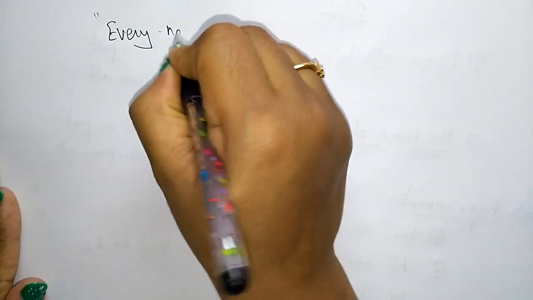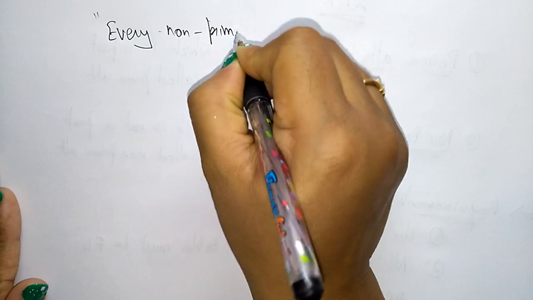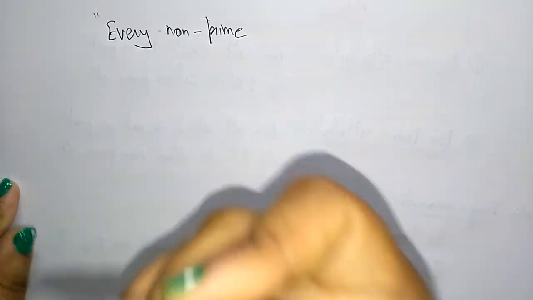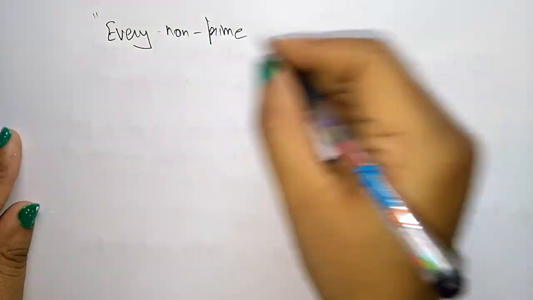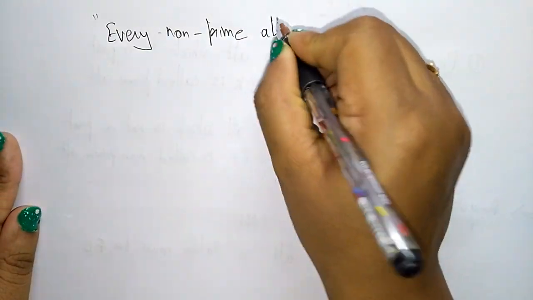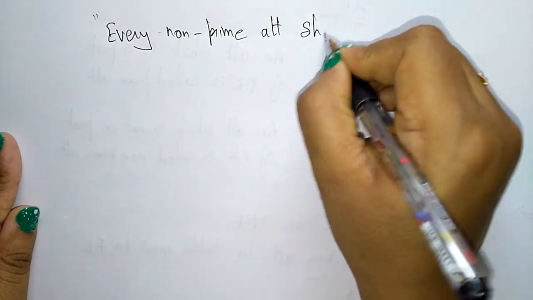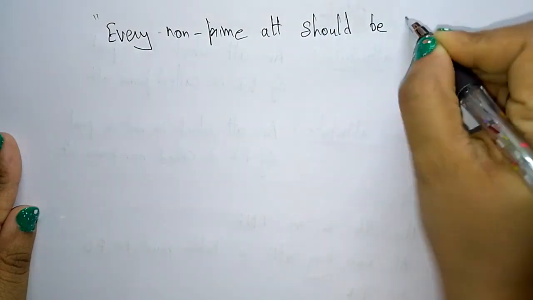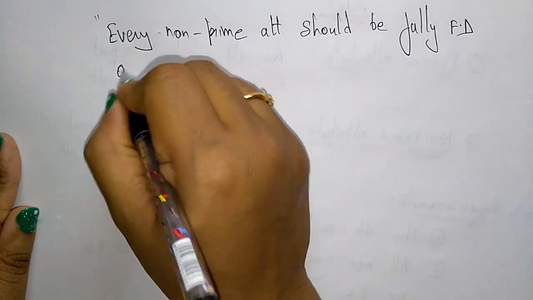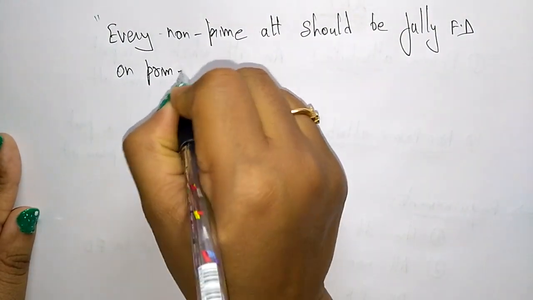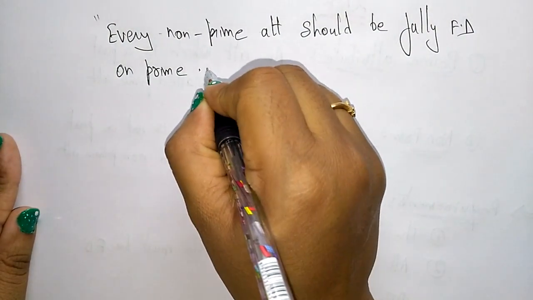Every non-prime attribute. I said the non-prime attribute is nothing but an attribute which is not a part of the primary key. Every non-prime attribute should be fully functionally dependent on the prime attribute.